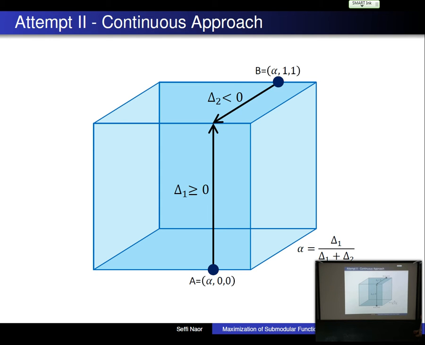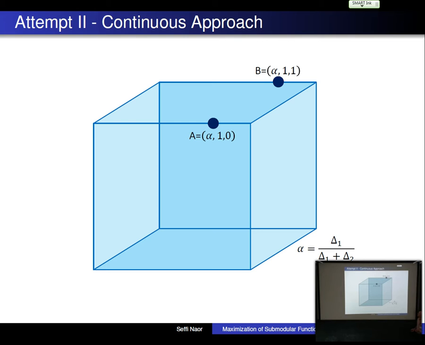In the second step, let's say delta 2 is negative. In that case, delta 1 we know is non-negative, so we move all the way to B. In the third step, let's say, again, both delta 1 prime and delta 2 prime are non-negative. In that case, we'll move to a fractional point. And this fractional point is our final output.